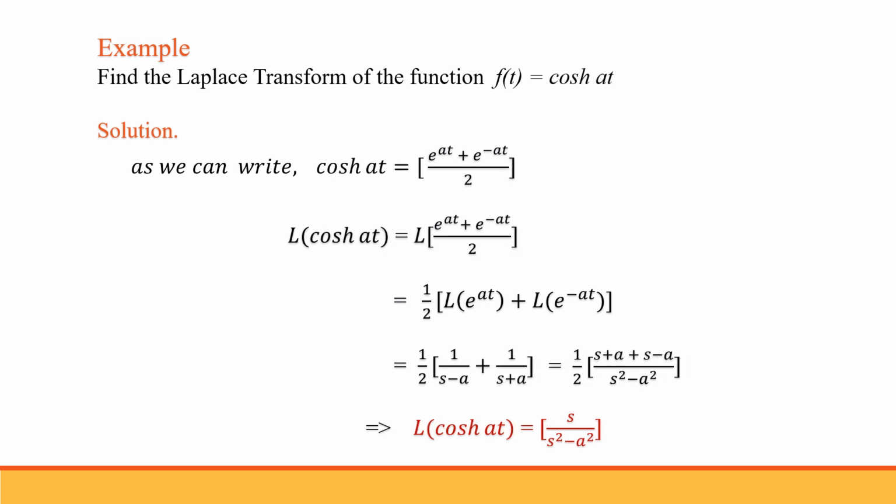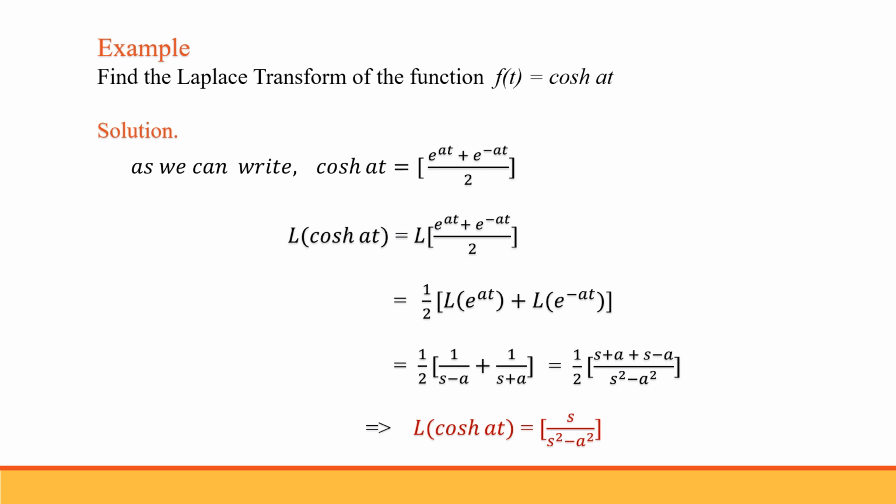On the similar fashion as we have done earlier, we can find the Laplace transform of cos hyperbolic at as s upon s square minus a square by using the relation between cos hyperbolic at and exponential function as cos hyperbolic at equal to e to the power at plus e to the power minus at by 2.